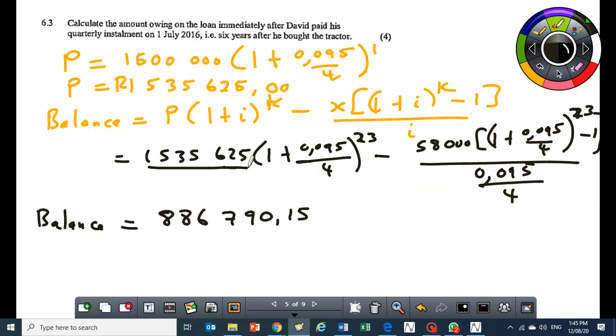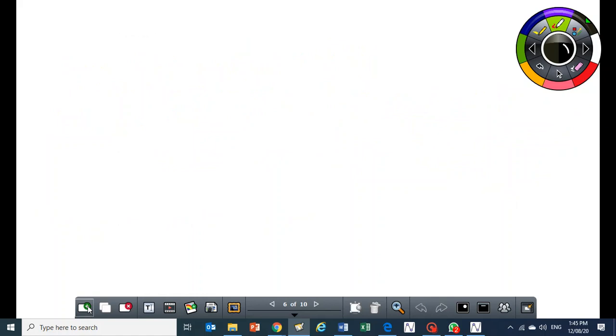All right. So this is method 1. If you use the second method, just make sure that this is all clear.